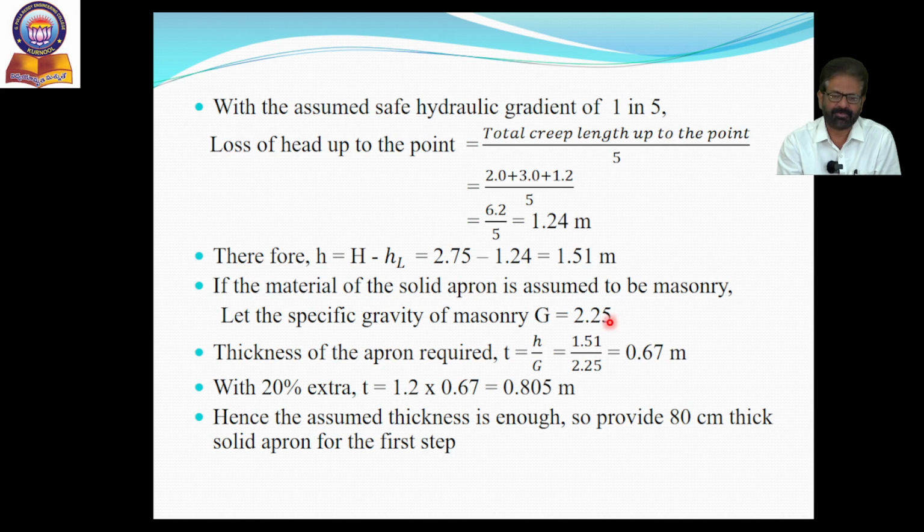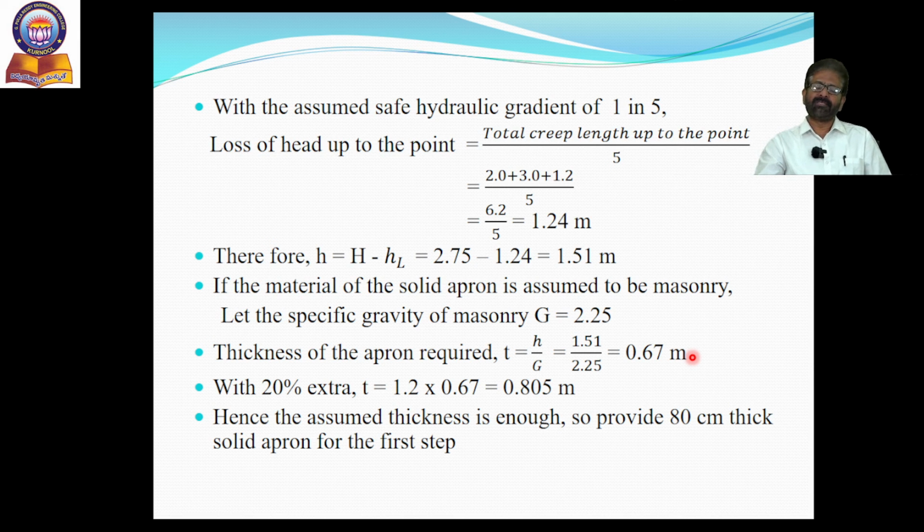So the thickness of the apron required is T equal to H by G, where H is 1.51, divided by 2.25, which is equal to 0.67 meters. Like that, we can determine the thickness of the apron required.